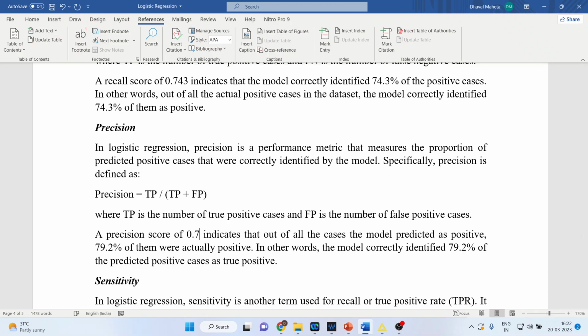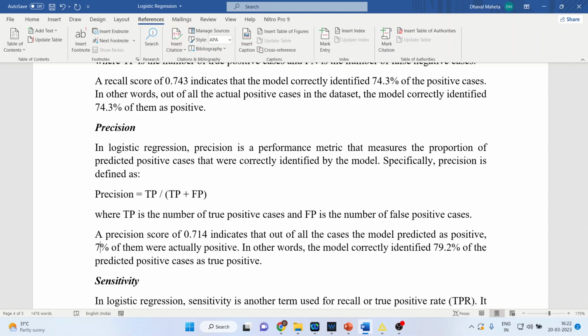So 0.714 indicates that out of all the cases the model predicted as positive, 71.4 percentage of them were actually positive. In other words, the model correctly identified 71.4 percentage of the predicted positive cases as true positive, which is quite good.